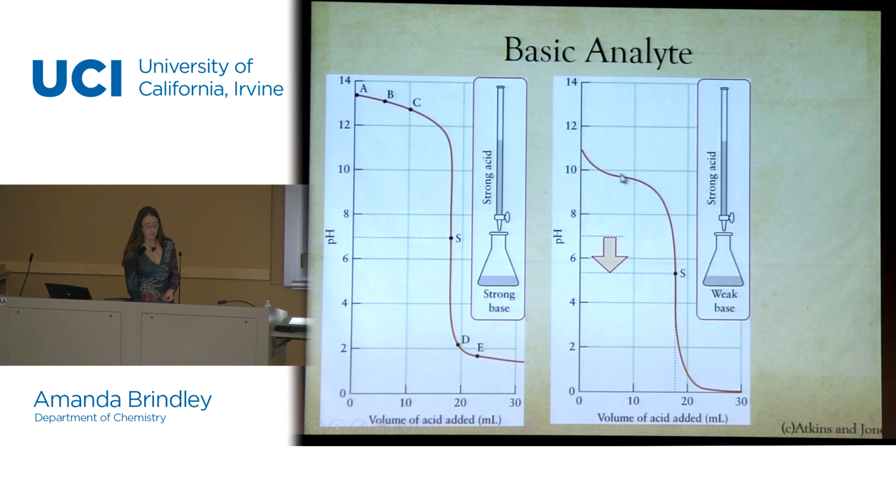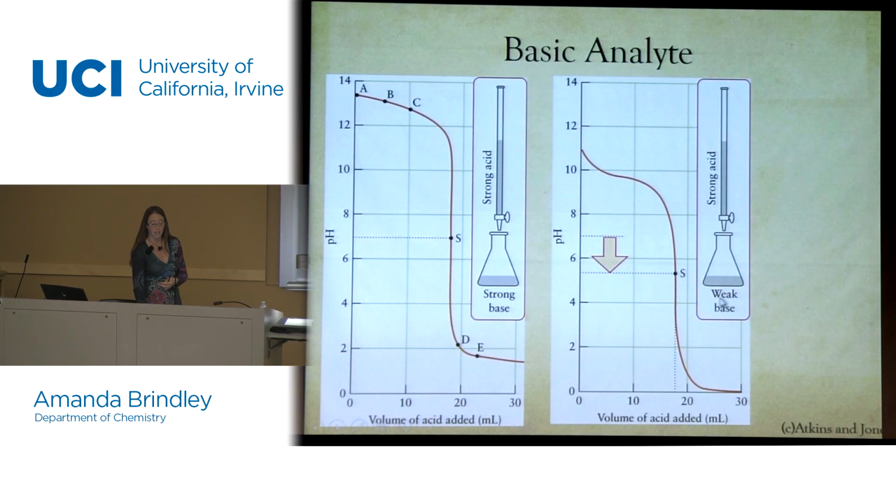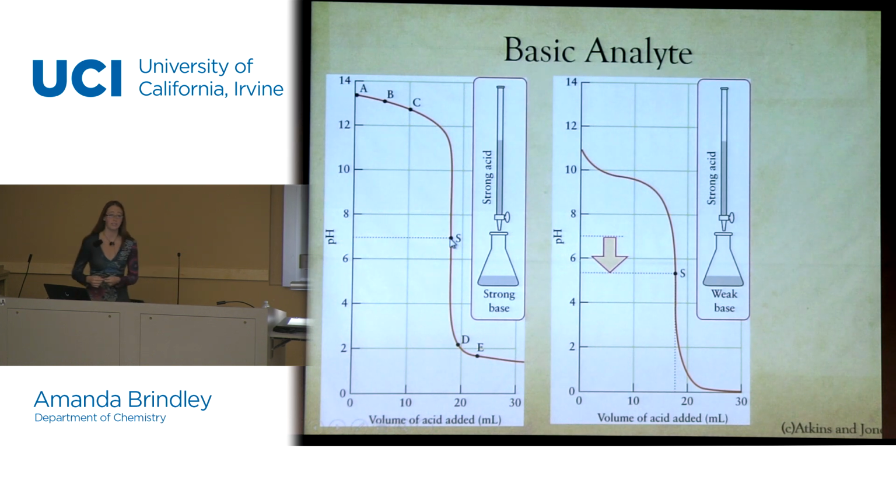Okay, so you get this little buffering region, and then once you hit here, you hit that exceeding buffering capacity. All of your analyte, all of your base is reacted, and it shoots down. Same thing here. Once you hit this point, all of your base is reacted, and it shoots down.